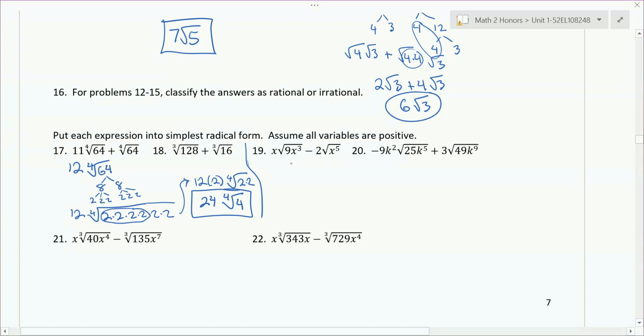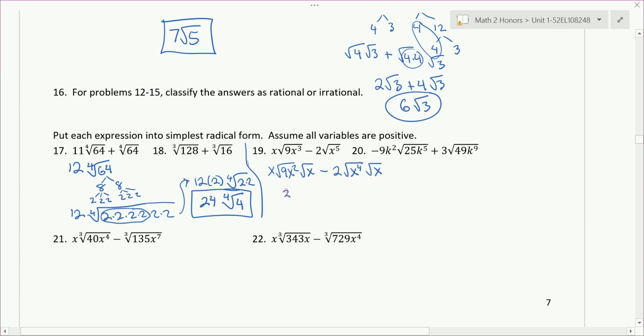Number 19, in the first expression, we can take the square root of 9, and we can take the square root of x squared. So we have x times the square root of 9x squared, and we're left with the square root of x, minus 2 times the square root, I'm going to split it up, of x to the 4th, and square root of x.